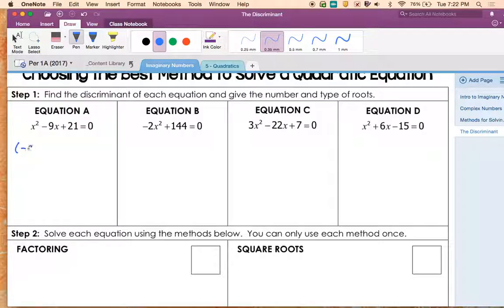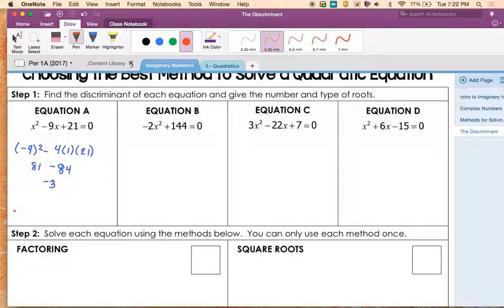Okay, first one, negative 9 squared minus 4 times 1 times 21. And this will be 81 minus 84. And that makes it negative 3. So for the first one, if you look on the other side of your paper, if I get a negative number for the discriminant, what type of solutions will we have?